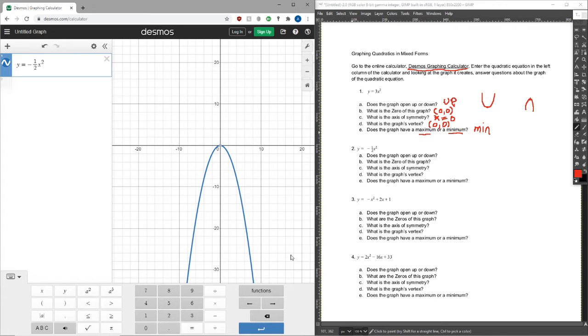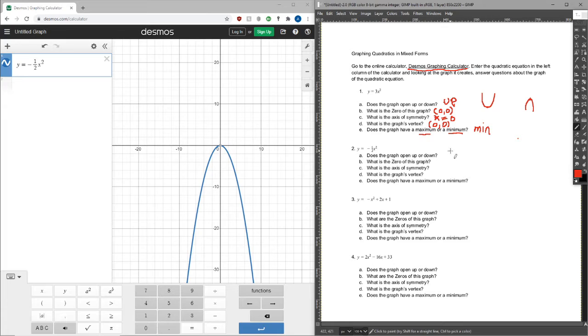Okay, now just like we were talking about before, when the equation is negative, it does flip that U shape upside down, and you can see that happening over here in the graph of the parabola. It's upside down.